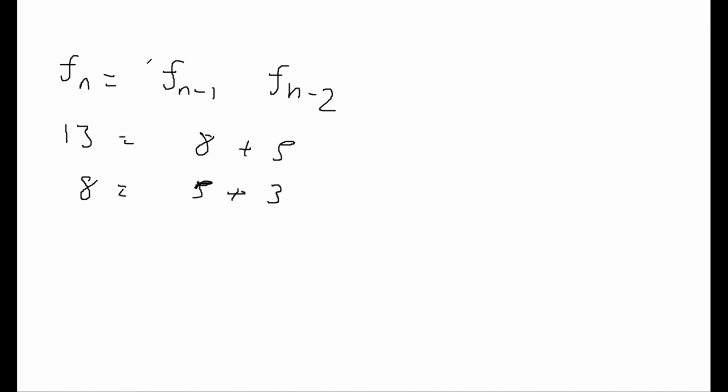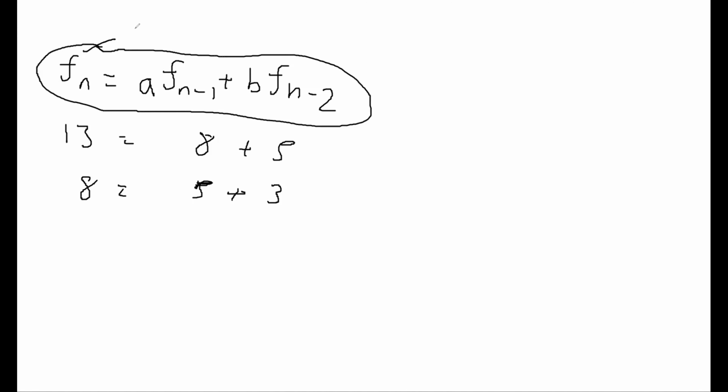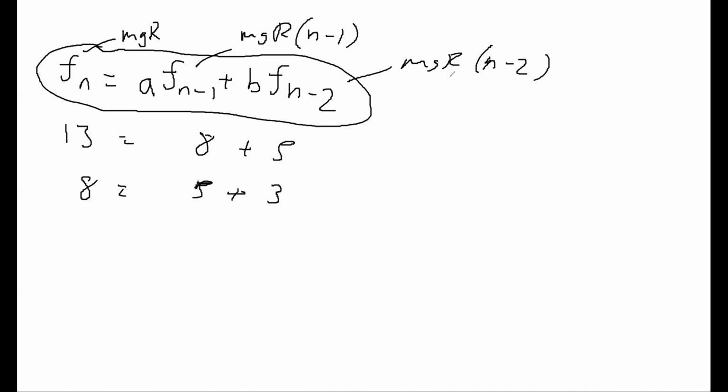Now we can modify this and say this is actually A plus B. The concept is that there's a general case where we have the function, my general recursion, and we want to call it additionally with new inputs. So this is MGR with n minus 1, and MGR with n minus 2. That's the general case.